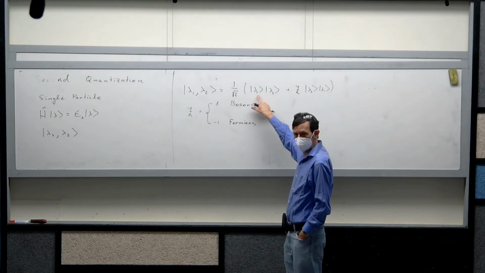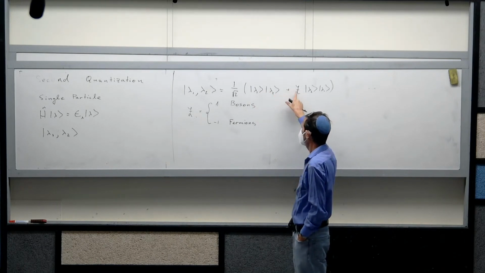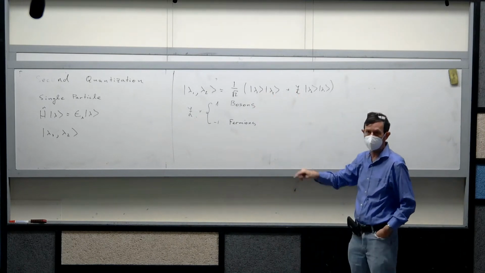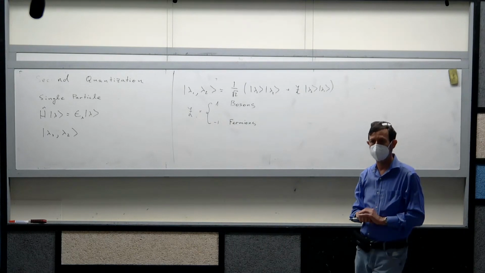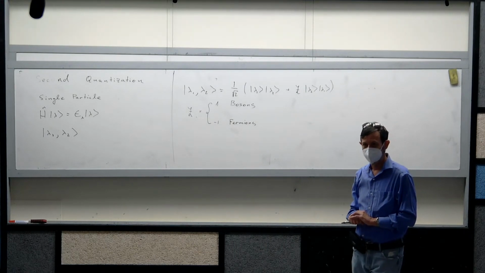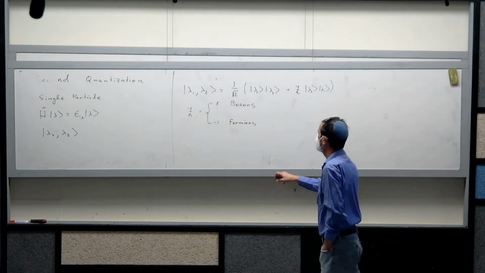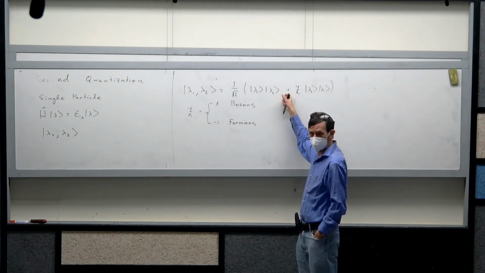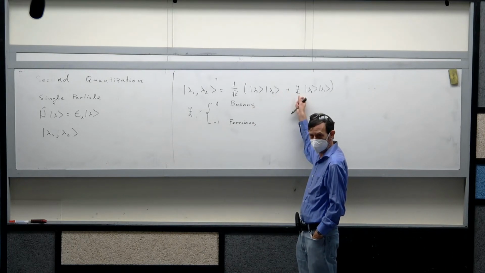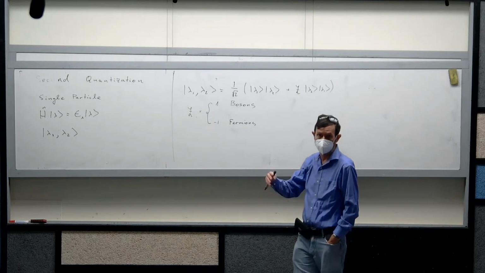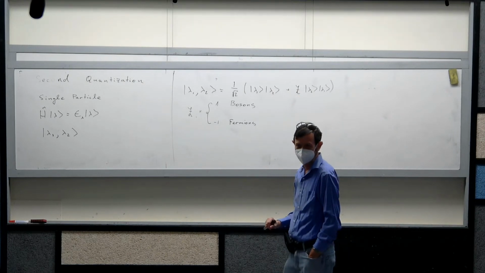Because if lambda 1 is equal to lambda 2, I'll have here a minus and it will be 0. I don't have such a state. Why do I have only bosons and fermions? Because there's no other way that I can build this wave function except by plus or minus in between.